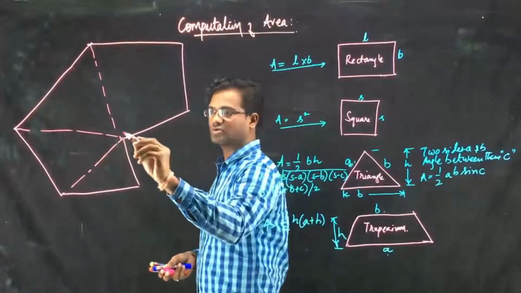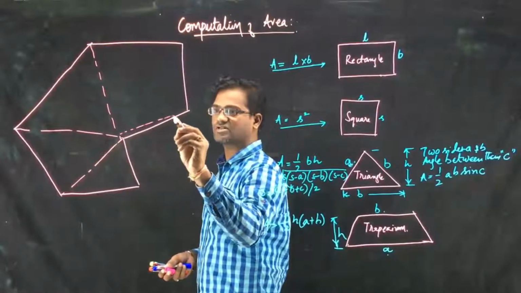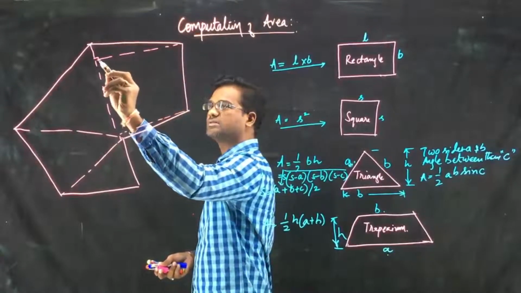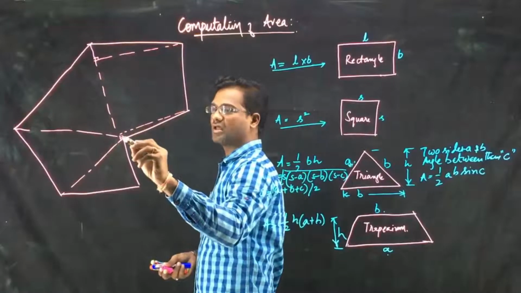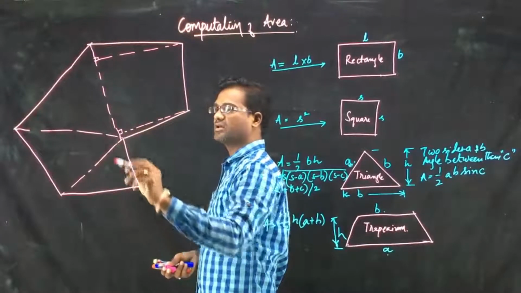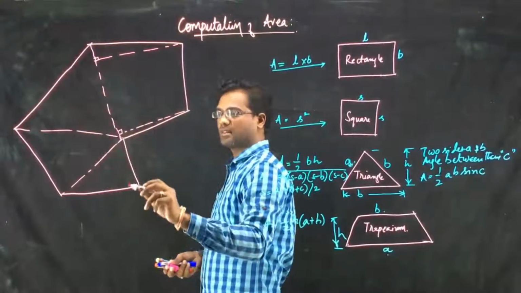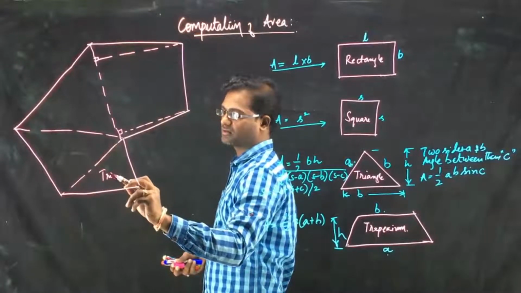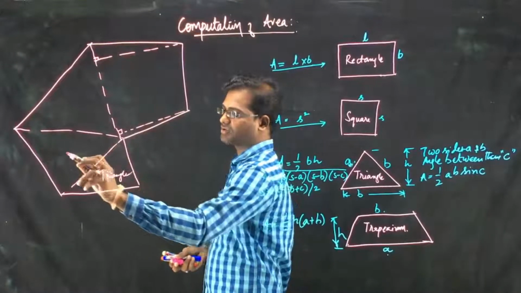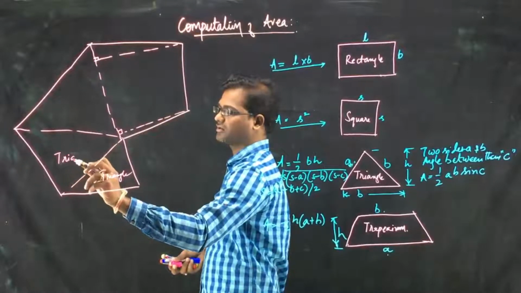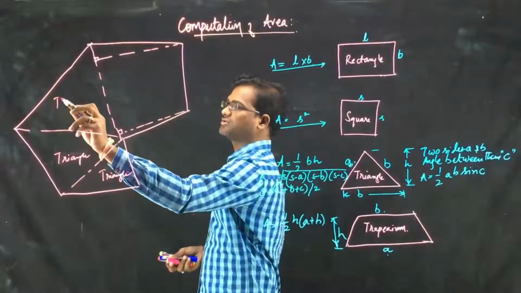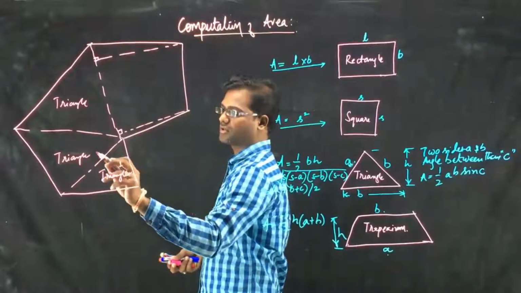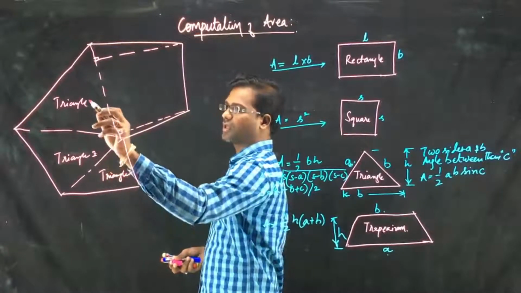If you have the chance to draw a perpendicular, you have to draw a perpendicular. This is a perpendicular line and this is a perpendicular line. Now this could be a triangle, this could be another triangle, and another triangle. Now 1, 2 and 3.